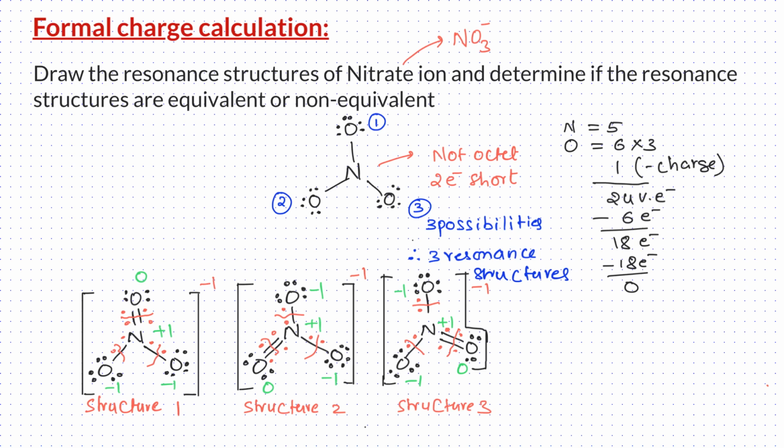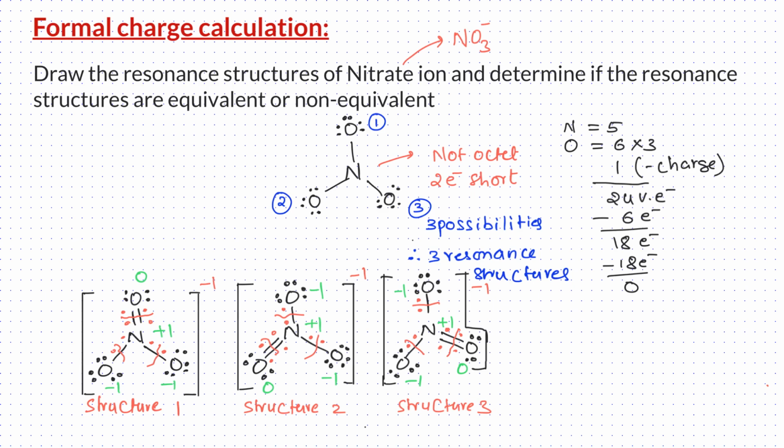If we add up the formal charges of all the atoms in a particular structure, they will add up to -1, which is the overall charge on the nitrate ion. If we look at the distribution of formal charges, nitrogen has a formal charge of +1 in all three structures.